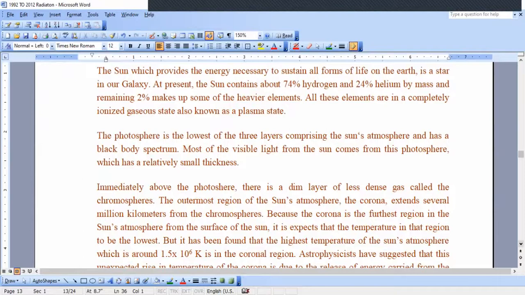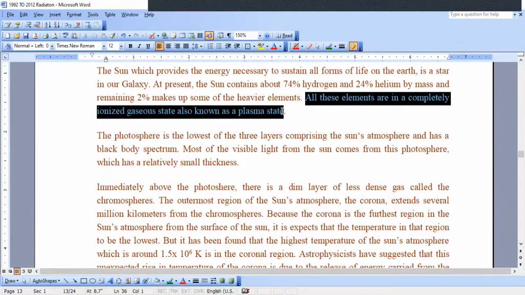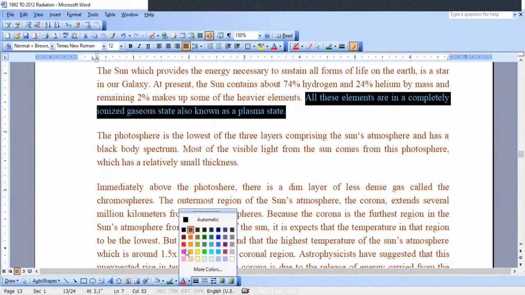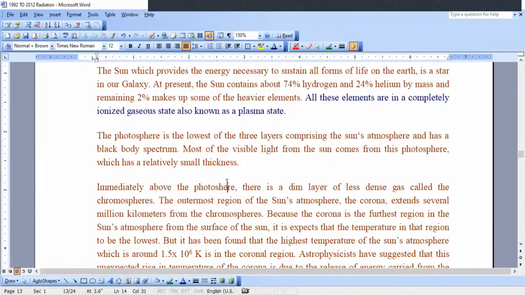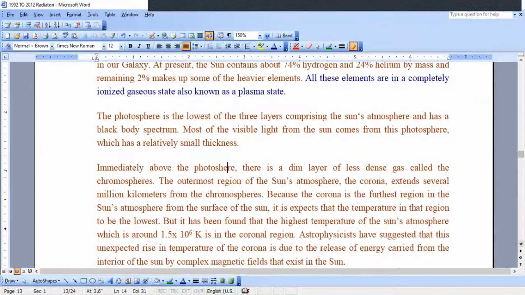First paragraph, last line. All the elements are completely ionized, gaseous state, also known as plasma state. Very good, dear. So this answer is directly given in the question. When all the elements are in a completely ionized gaseous state, then that is known as plasma state. That's the answer for the first question.